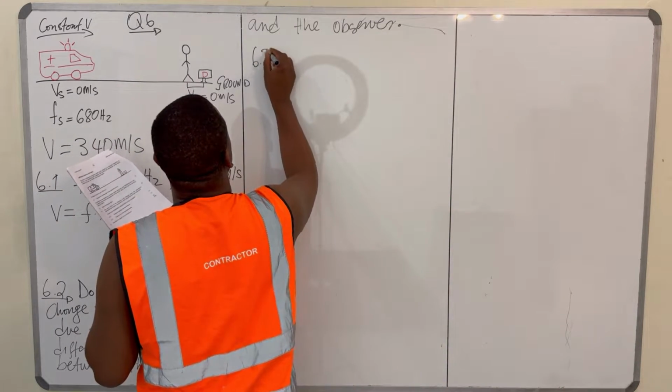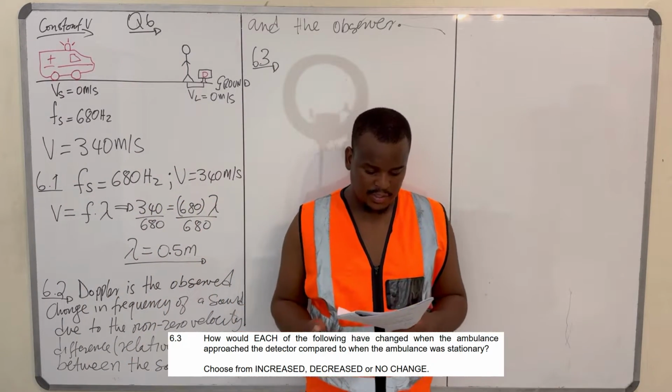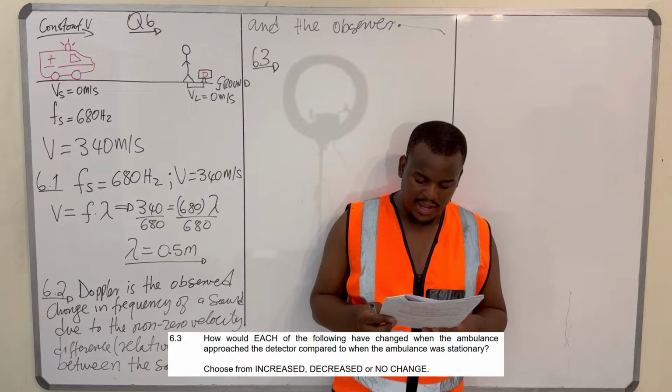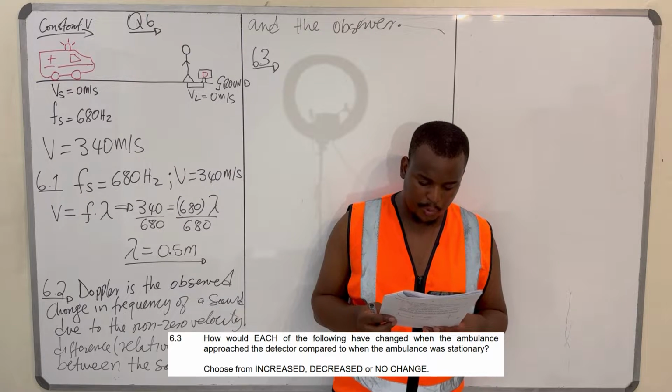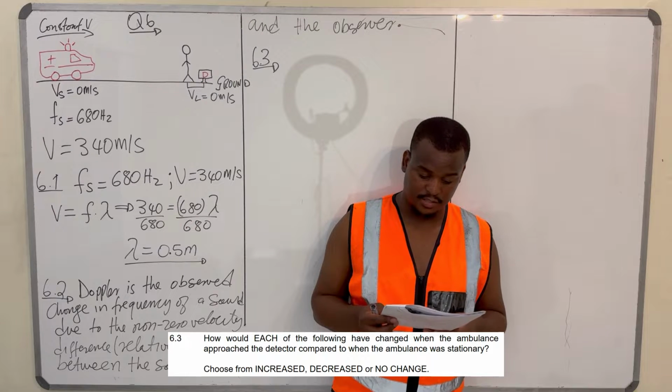Then we move to 6.3. What are they saying at 6.3? How would each of the following have changed when the ambulance approached the detector compared to when the ambulance was stationary? Choose from increased, decreased, or no change.